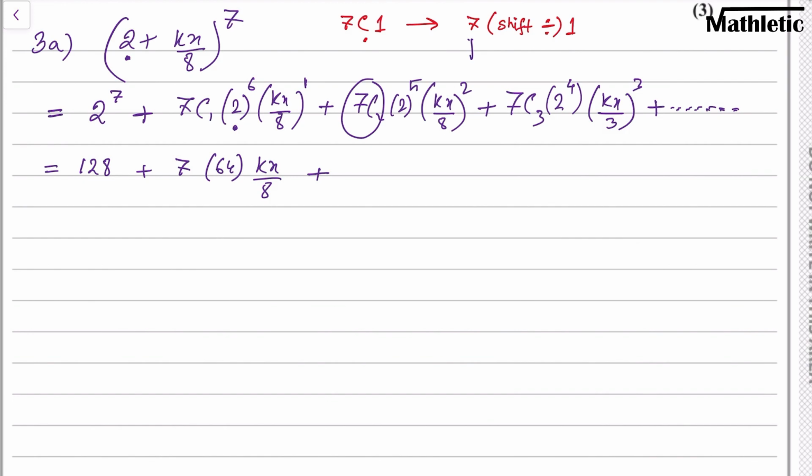Next, 7c2. So 7 shift division and then 2. From the calculator, you will get 21. 2 to the power 5 is 32, and square of this, k squared, x squared, and 8 squared is 64. 7c3 from the calculator, you will get 35. 2 to the power 4 is 16. k cubed, x cubed, 8 cubed is 512.